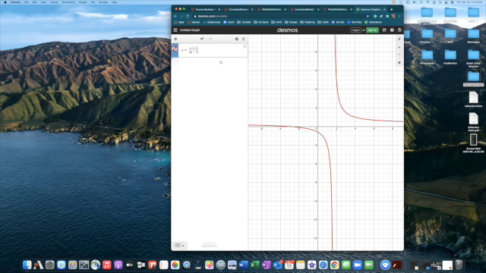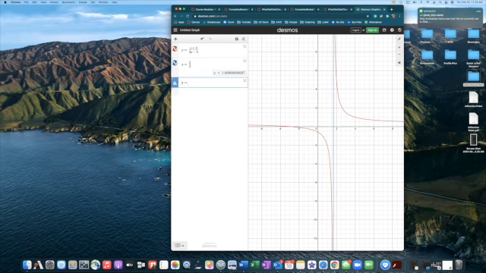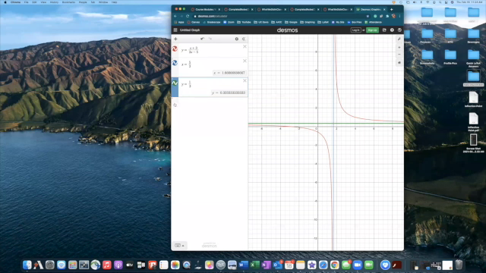There you go. So you can see that we have a vertical asymptote at x equal to 5/3, and we have a horizontal asymptote at y equal to, what did I say, 1/3? Yeah, 1/3. Great.